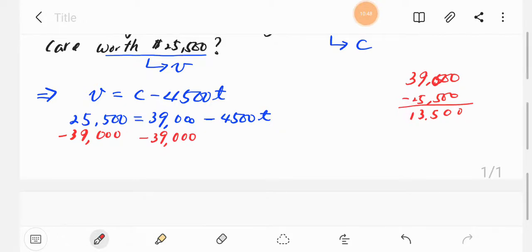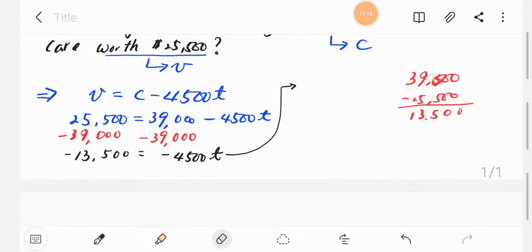So the left hand side is negative 13,500. And on the right side, this 39,000 becomes 0, so it's minus 4,500 t.